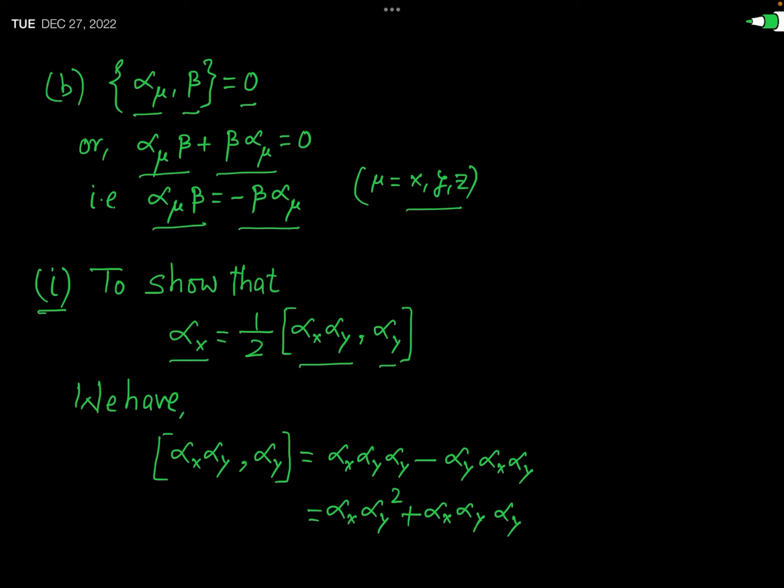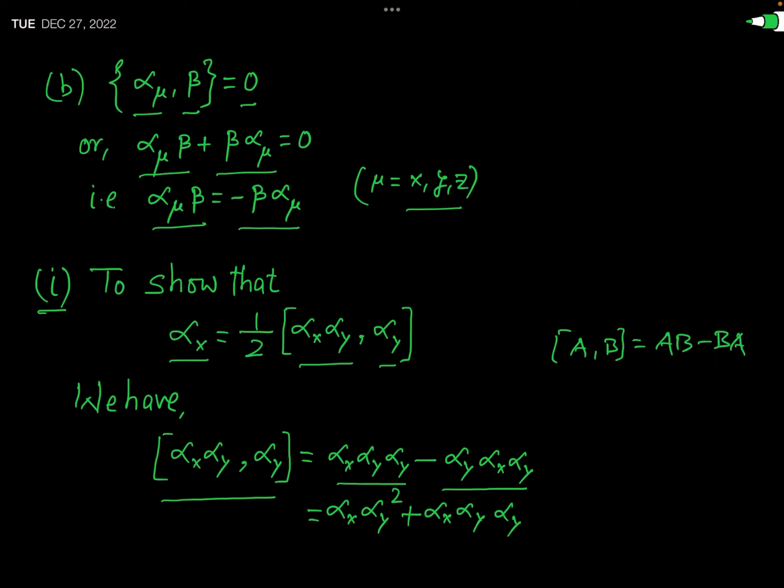So let us evaluate this commutator: commutator of alpha x alpha y with alpha y. From the definition of commutator, this will be equal to alpha x alpha y alpha y minus alpha y alpha x alpha y. Because if A and B are two operators or matrices, their commutator is defined as AB minus BA.